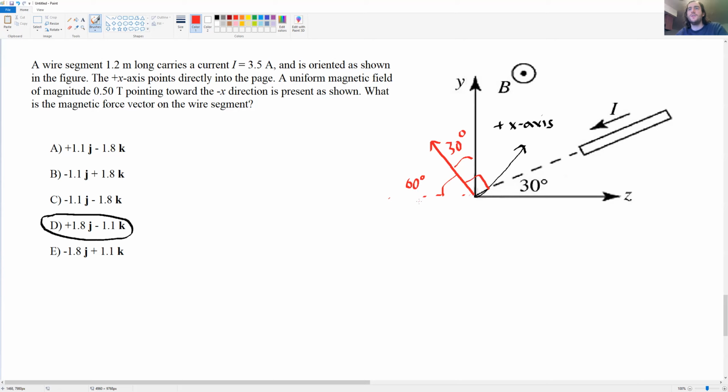And so what you need to do is determine the components of the force as a unit vector, so just the direction, right? So it's going to be cosine 60 degrees in the z direction, which is the k hat direction, and it's going to be minus 60 degrees, and in the y hat direction it's going to be positive sine 60, and that would be with the j hat vector there.